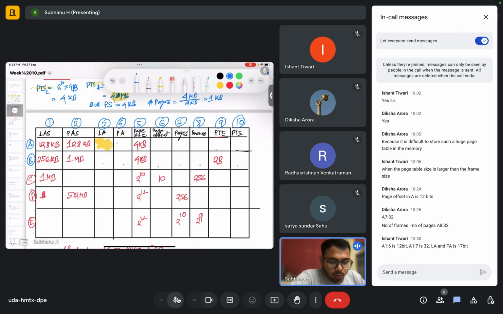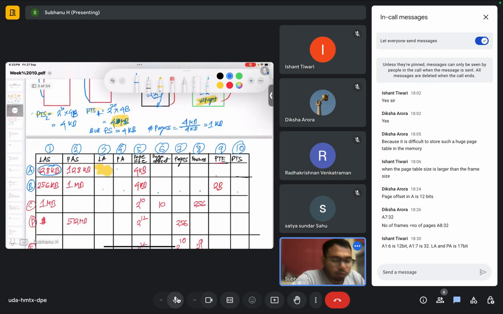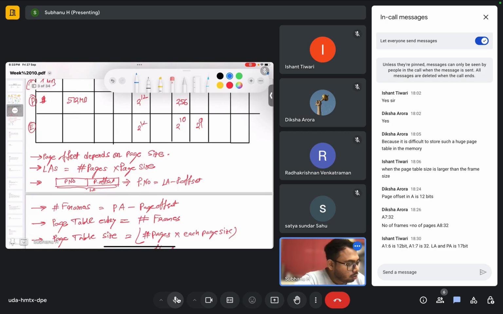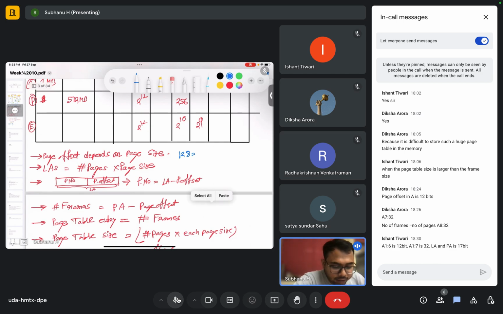So one thing, that PT is the page table entry. This page table entry is equal to the number of frames. Maybe I'm refreshing if you don't know.